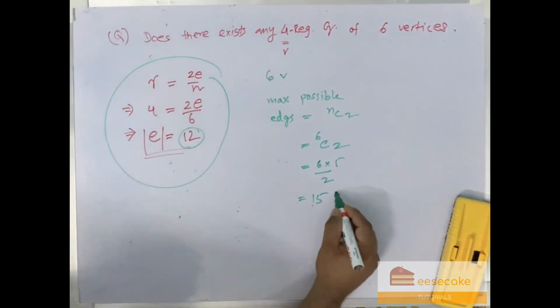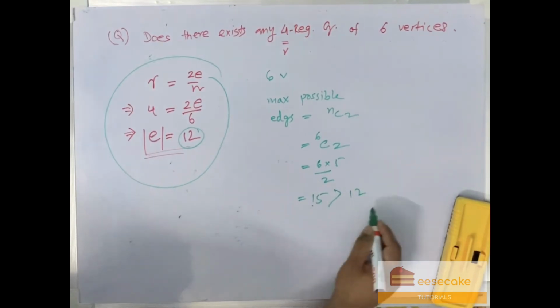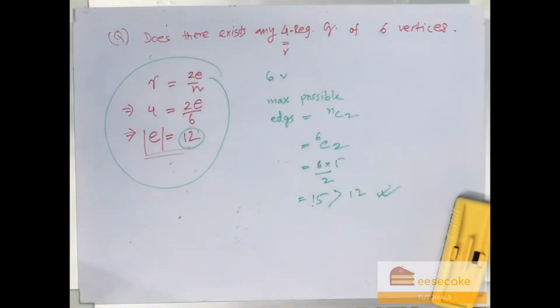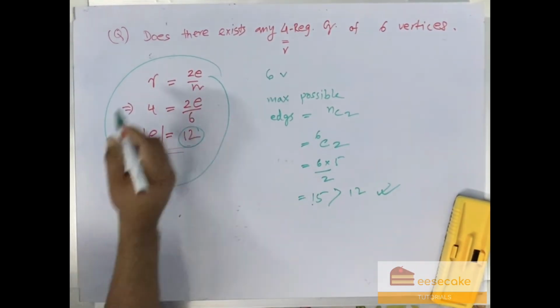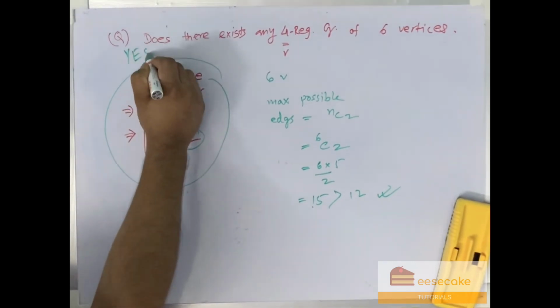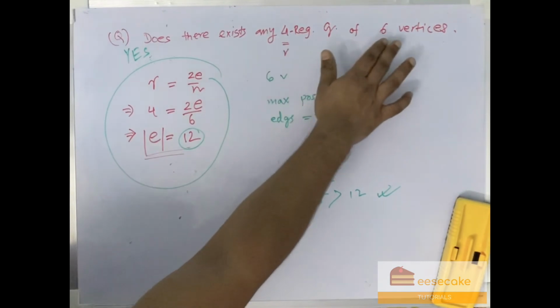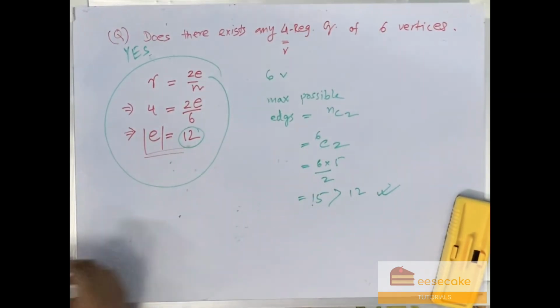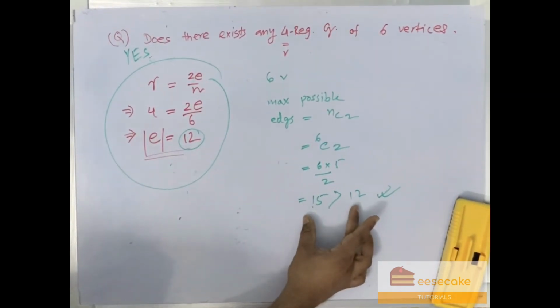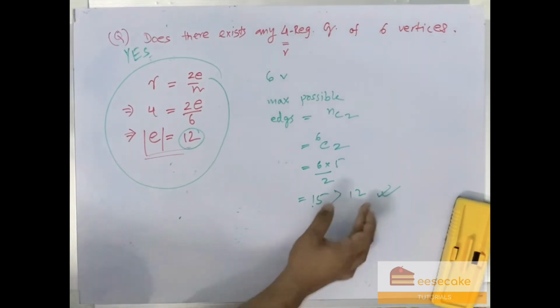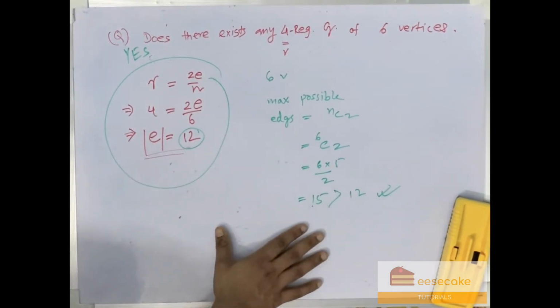So 15 is greater than 12, right? Which is okay. So yes, the answer is yes. It is possible to have a 4 regular graph with 6 vertices. This inequality check is very important. So this is how we determined it.